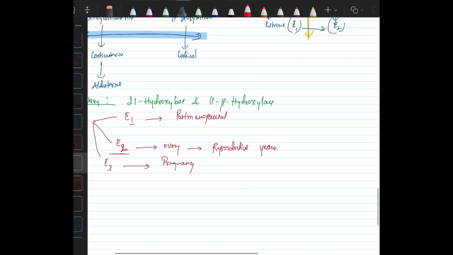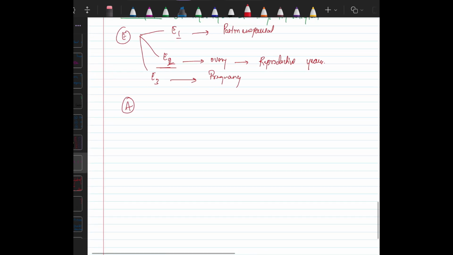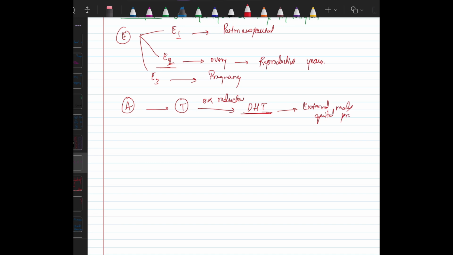See, this testosterone with the help of 5-alpha reductase gets converted to dihydrotestosterone. This is important for the external male genital production, and also it helps in conversion of vellus hair to terminal hair.